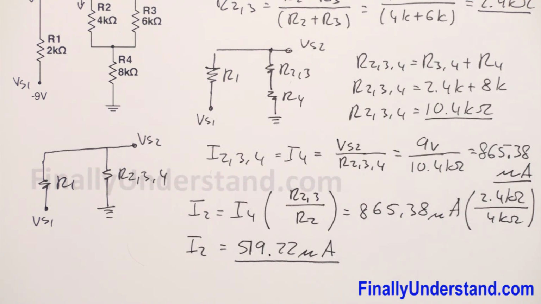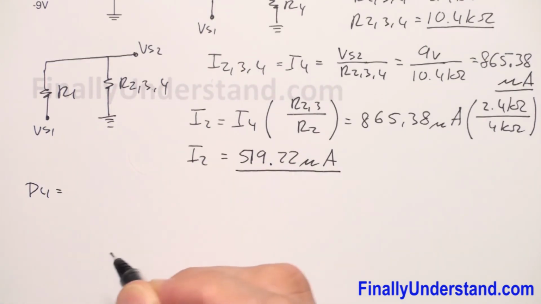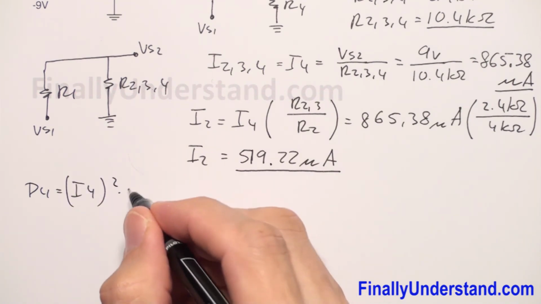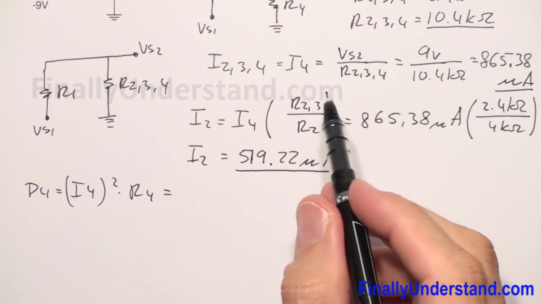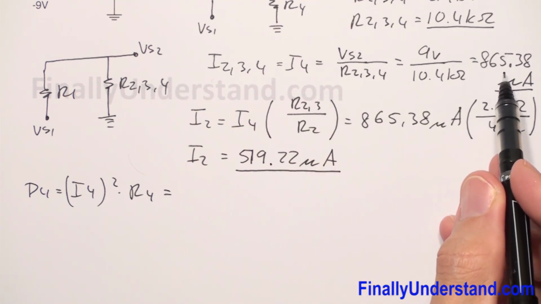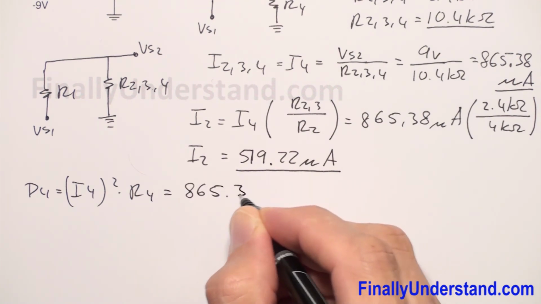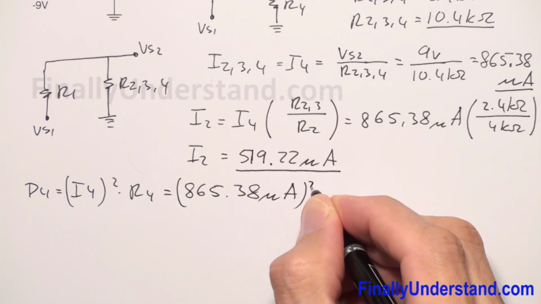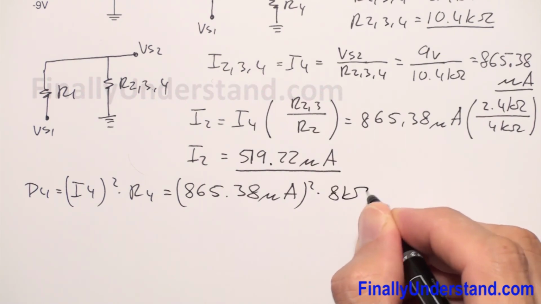Next we're supposed to find power at resistor R4. So P4 is equal to I4 squared times R4. We have I4 equals 865.38 microamps to the second power times R4, which is equal to 8 kilo ohms.